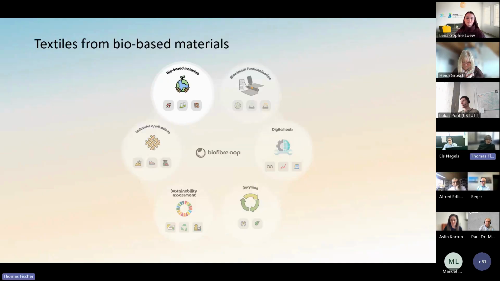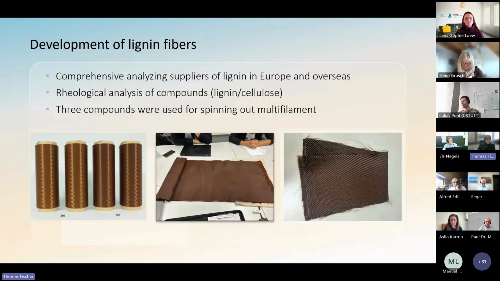Looking at the bio-based materials, we are basically using PLA and cellulose-based fiber, but the really cool new one is the lignin fibers. Lignin is a waste stream from the wood industry. It's a little bit like honey. It has a certain color, as you can see. It has a little bit of a smell also.